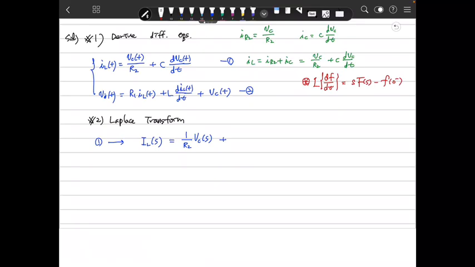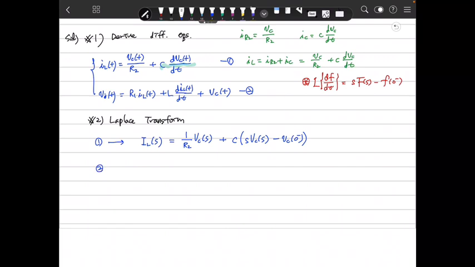So we can write this term as C times sVC(s) minus the initial value of the capacitor voltage.